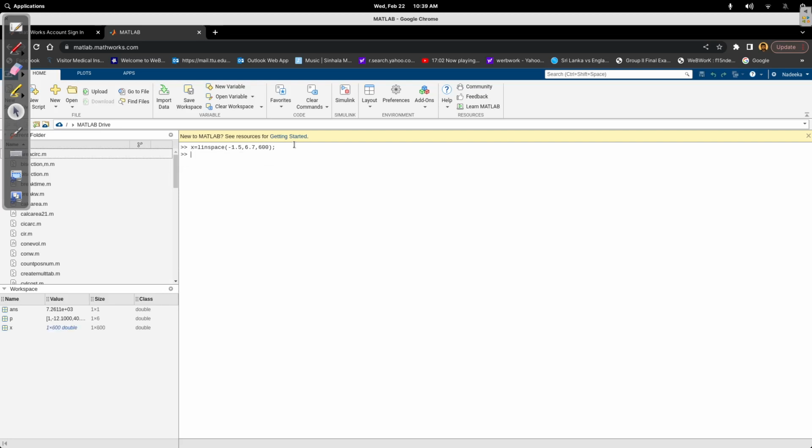Now I have to evaluate y for each of these, so I say y equals polyval, sorry, I keep typing the wrong code here, of p and x.